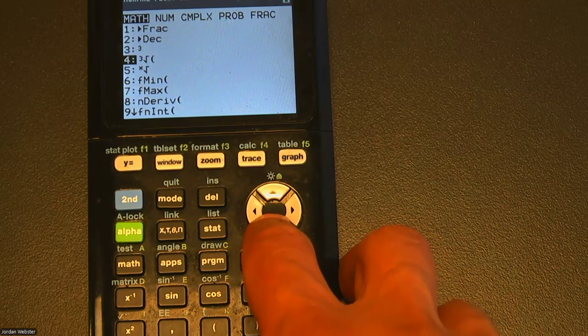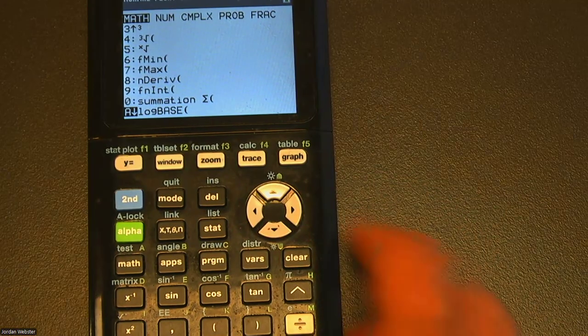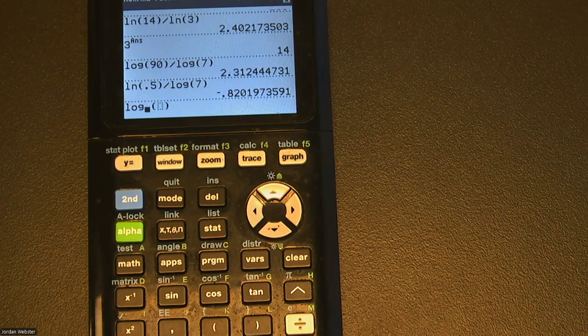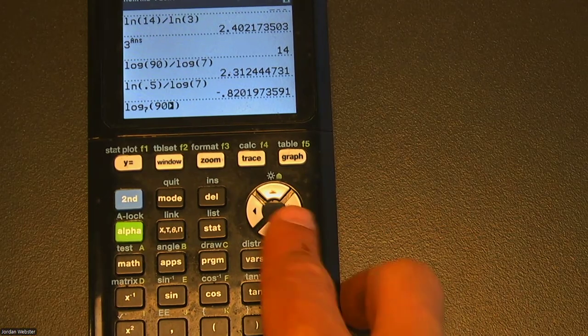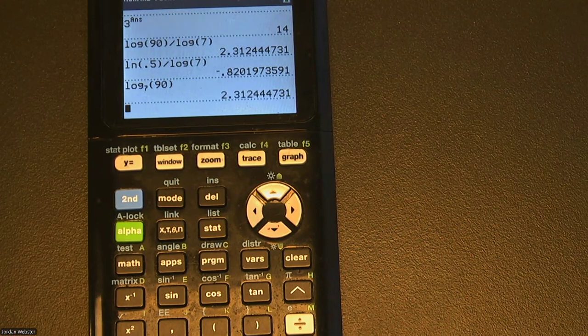You just have to go down to A. In the math menu, it'll say log base. If you have math print, it gives you the underneath number, the base number that you can put in, and it puts it in the right spot. And sure enough, you get that 2.31 again.